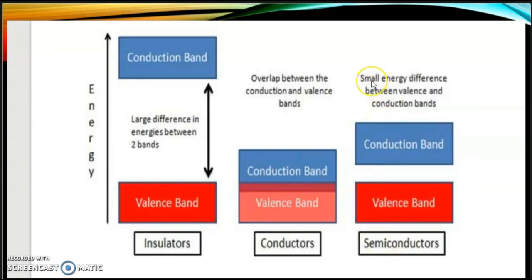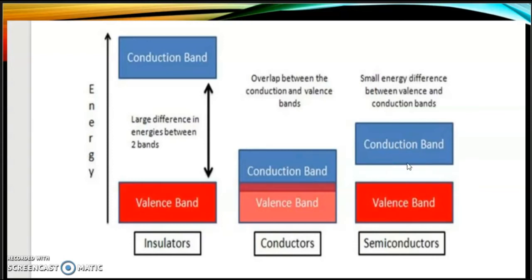From what is here, we are saying small energy difference between the valence band and the conduction band. So meaning in semiconductors, there is a small forbidden gap to be overcome by the valence electron. So the least amount of energy or the least excitement of a valence electron will push it across the forbidden gap to the conduction band.